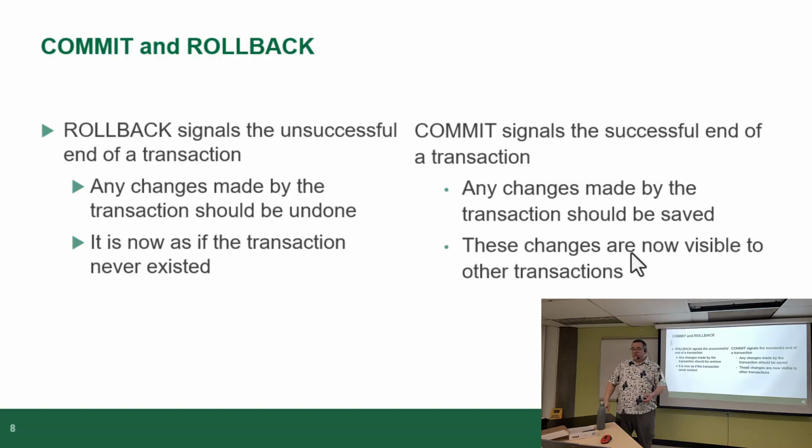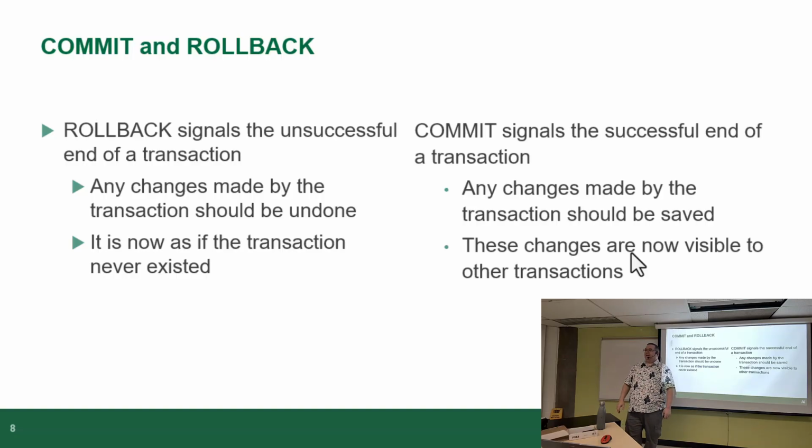So picture the transaction as you've been given a piece of paper to do some work and you write on it, and then when you're done, you give it back to the original person, and they put it in a binder. But if you suddenly realize you made a mistake, you just crumple it and throw it out. So the first person never saw it because it never made it to the binder. So that's a rollback. Commit means everything worked. You gave it to the person, they snapped it into the binder.